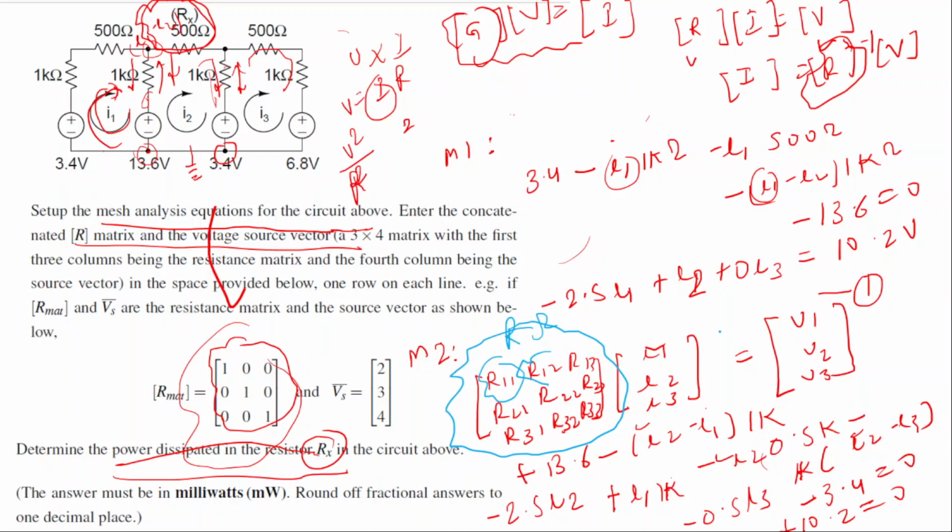So the overall answer will be the same. And if a resistance, suppose R1, is asked about, then it should always come out positive. So this should be clear: the element of the R matrix can be negative, but your resistance is always positive.